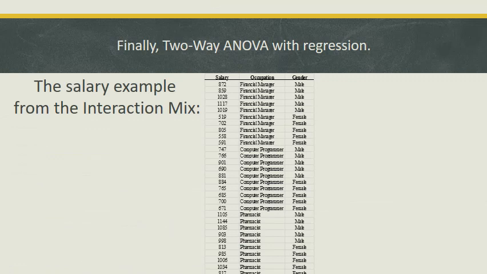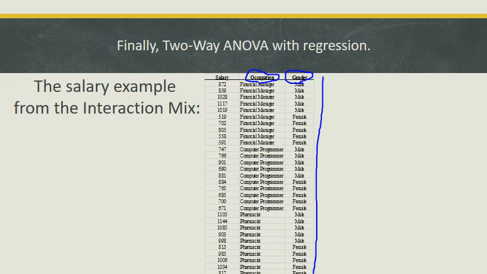Next, let's look at a two-way ANOVA example from the interaction video. This data is about salaries, and there are 2 factors, or X variables, occupation and gender. With a total sample size of 30, you can see the complete data set here.